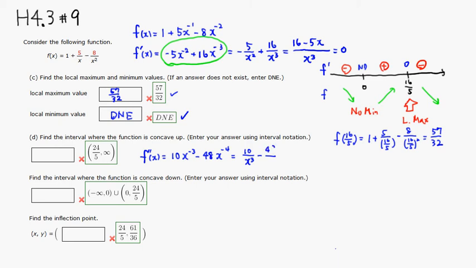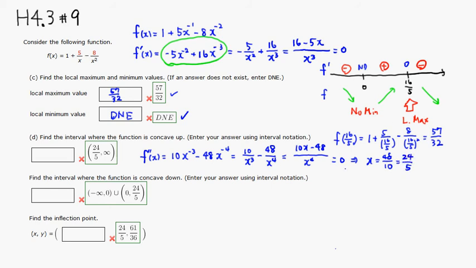So it's a 48 here, over x to the 4th power. Then take a common denominator, so that's going to be x to the 4th, and 10x minus 48. Set that equal to 0. So here, x is going to be equal to 48 divided by 10, which is 24 over 5.